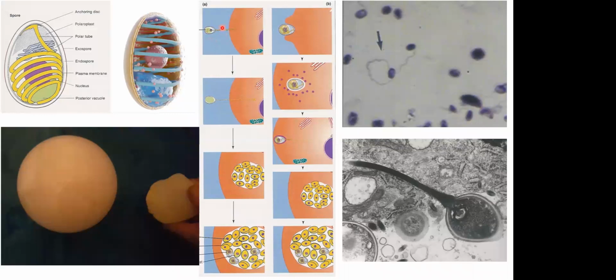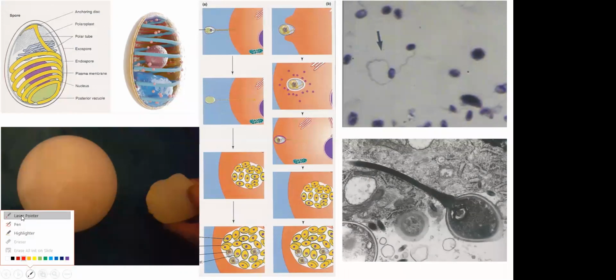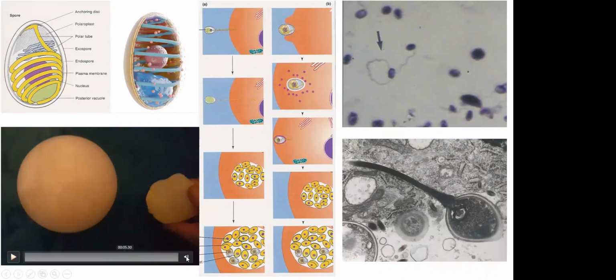And this is analogous to a rubber glove with the fingers inside being ejected by air pressure. So if you look at the little video here, this is a demonstration of how that works.